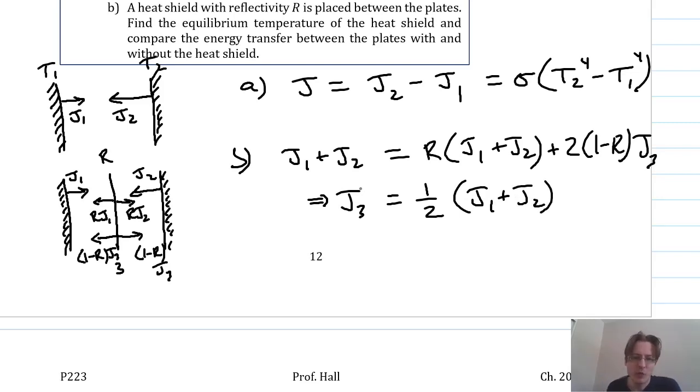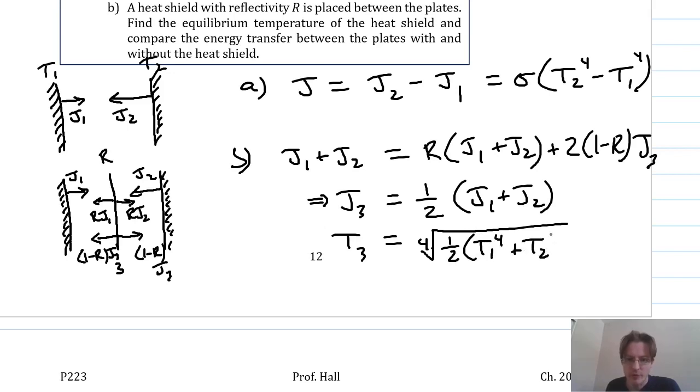And then I take the fourth root of both sides to figure out T3. T3 will be the fourth root of 1/2 times T1 to the fourth plus T2 to the fourth.